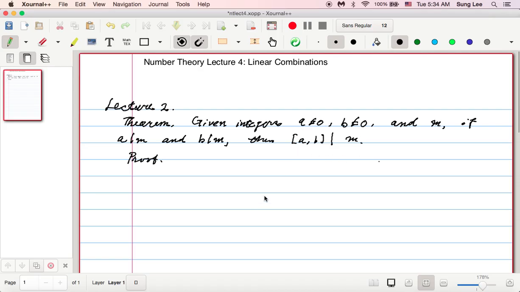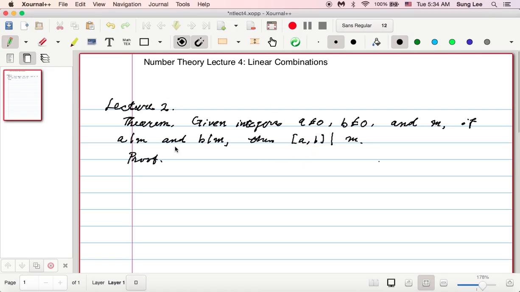The negation of the least common multiple divides m is the least common multiple does not divide m. And then we get a contradiction. The contradiction comes from our assumption, the negation of this. Therefore, it must be true. That's where we are heading.